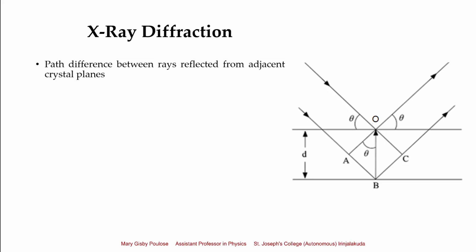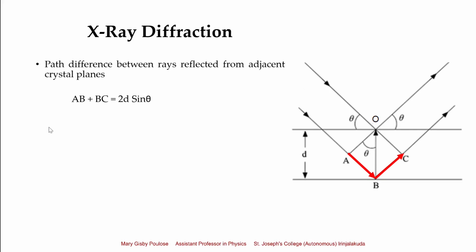The path difference between the rays reflected from adjacent crystal planes is calculated by drawing these normals AO and CO from these two waves. So this will be the additional path traveled by these two rays. Hence, the additional path AB plus BC is calculated as 2d sine theta.